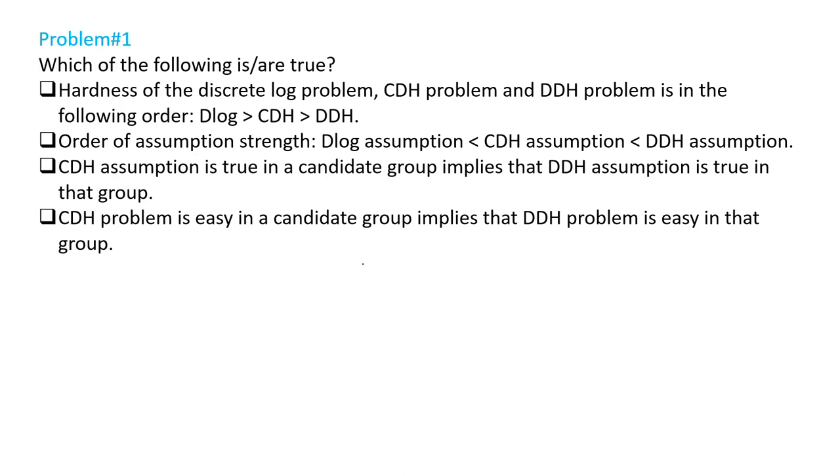The second statement is about the strength of the assumptions: discrete log assumption, computational Diffie-Hellman assumption, and decision Diffie-Hellman assumption. Let me first hear your answer for the first two statements, and then we go to the last two. So what about the order of hardness for these problems and the order of strength of these assumptions?